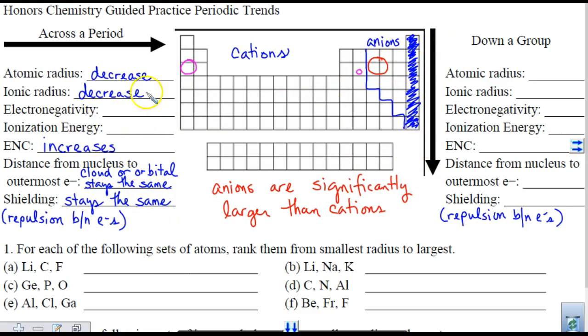Alright, the next property is electronegativity, and that is how well an atom is able to attract the electrons that are part of a bond. And so this goes back to how well it can attract its own electrons, because the more effectively it can attract its own electrons, it will be more effective at attracting those in a bond.